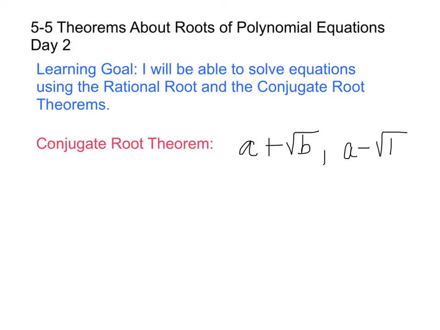And that's because we use plus and minus when we're square rooting a negative number. Okay? So the conjugates come in pairs.